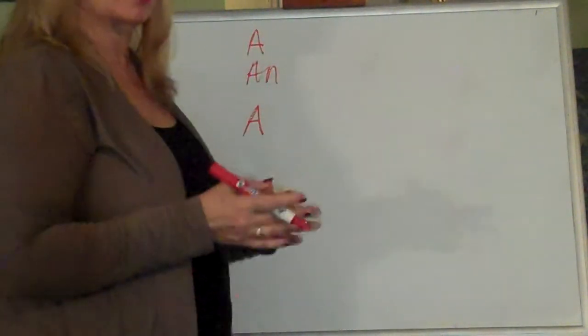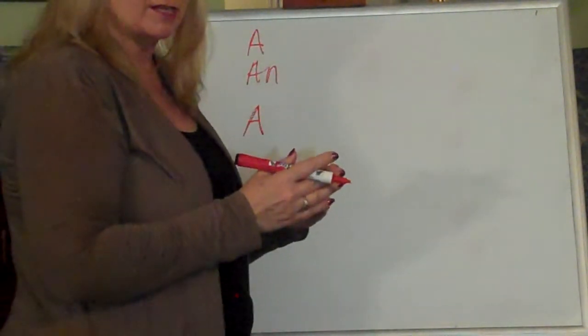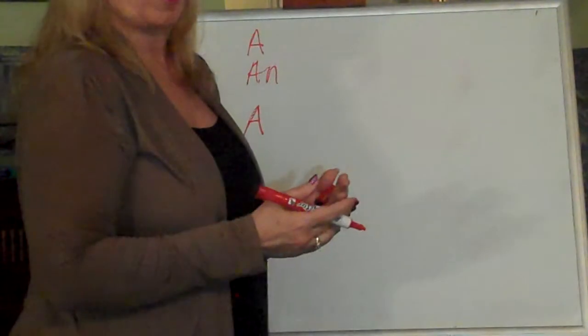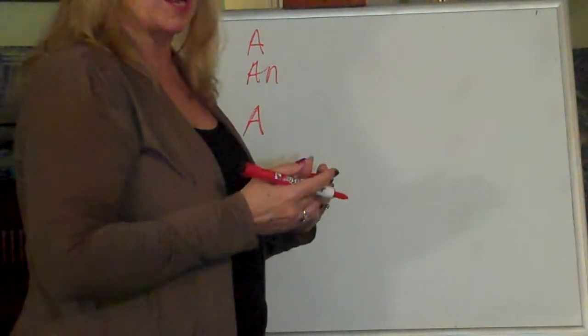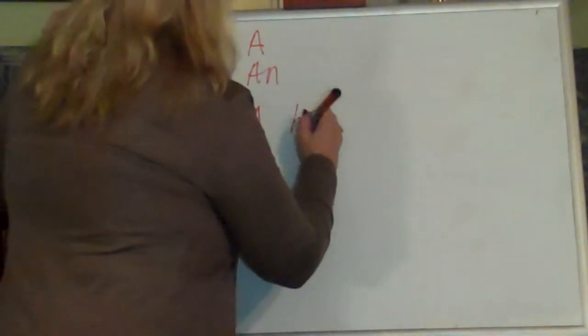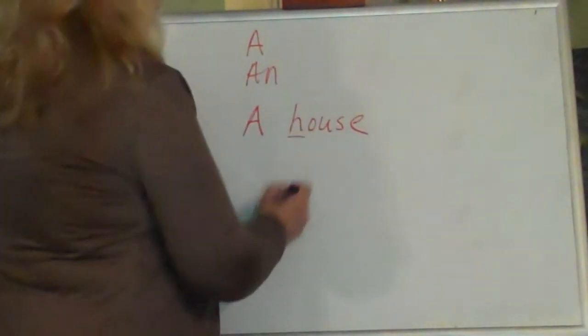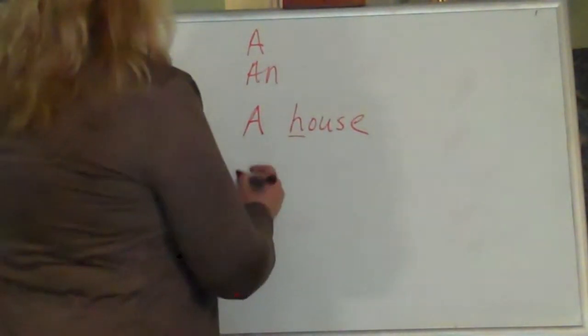This is the critical thing in this section: it's the sound. It doesn't matter if it starts with a consonant letter. It has to sound like a consonant. So I could say a house, right? I can hear that H sound.